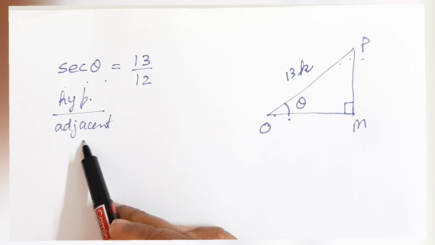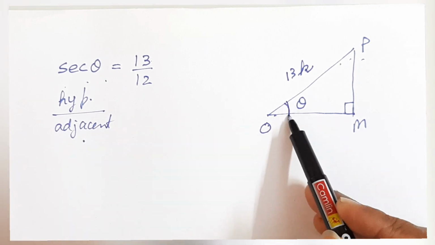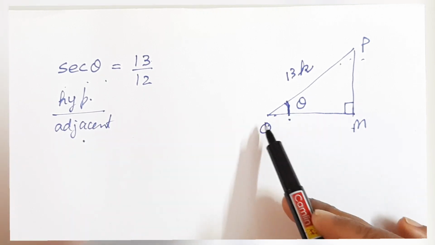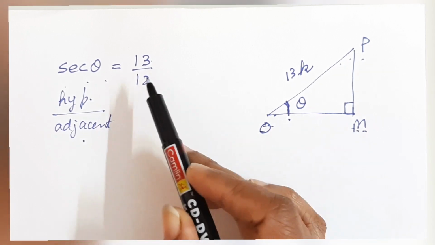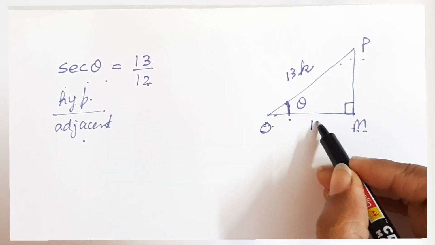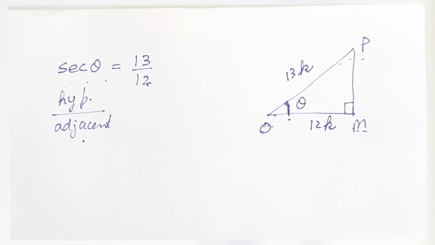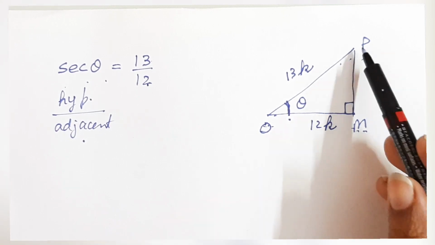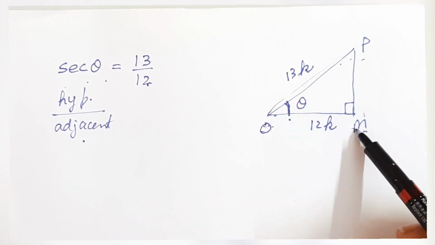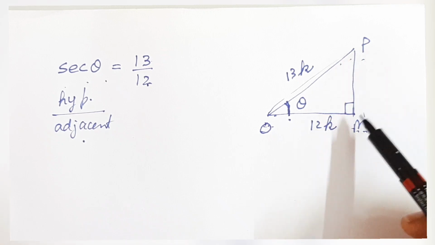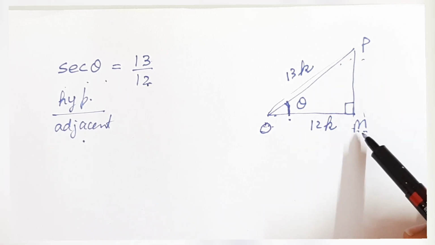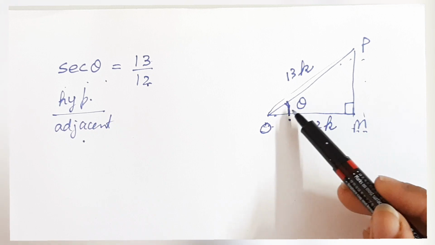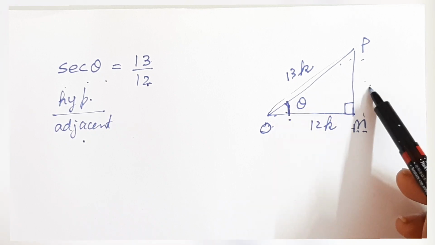The adjacent side to theta is OM, so let us consider OM as 12K. Now by using Pythagoras theorem, let us find the third side of the triangle, that is the side opposite to theta.